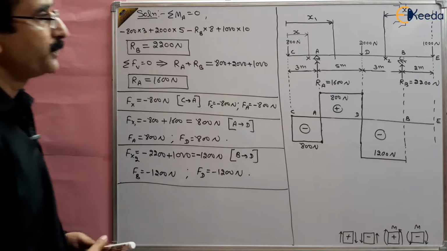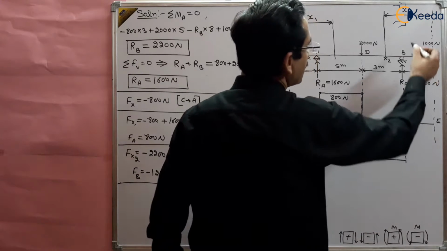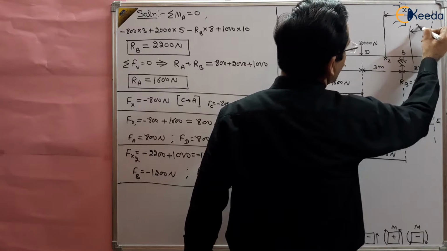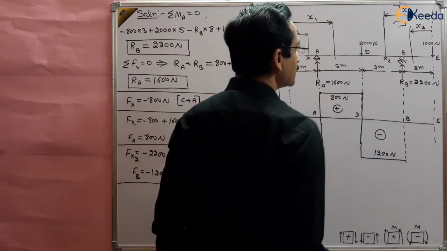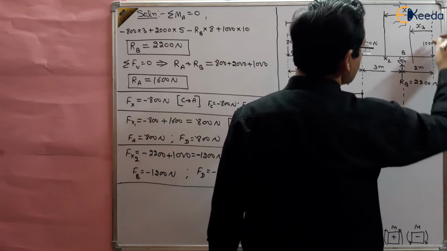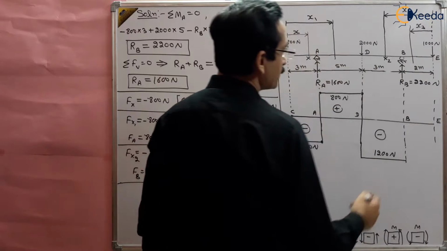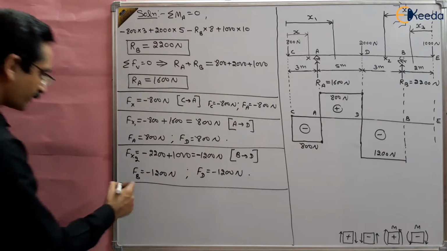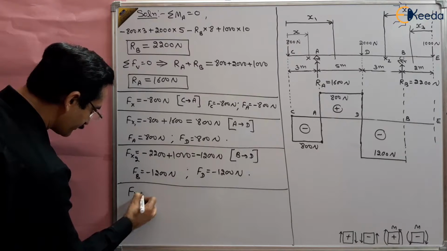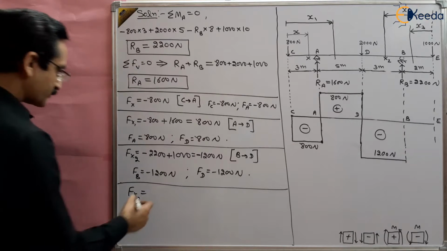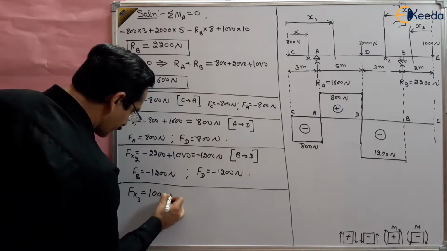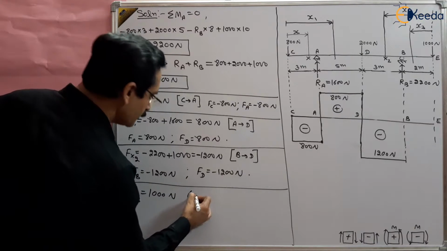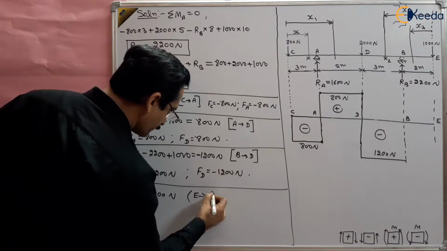So we have made three parts of this question. Next, last part, from B to E. Again we can take a section from this part. Suppose x3 is there, right? And to the right of this section, downward is positive, so this is positive, right? So again we are getting positive shear force. So Fx3 will be equal to positive 1000 Newton, and it is valid between E and B, right?